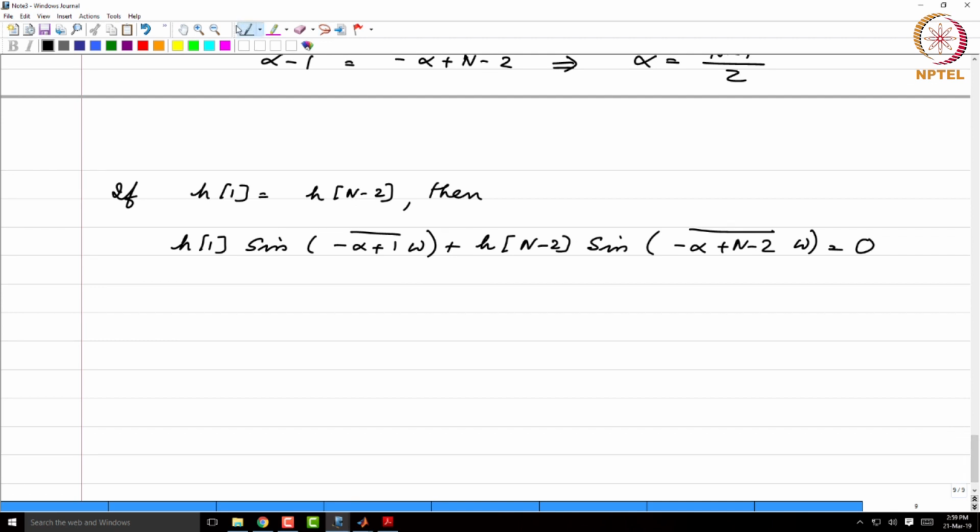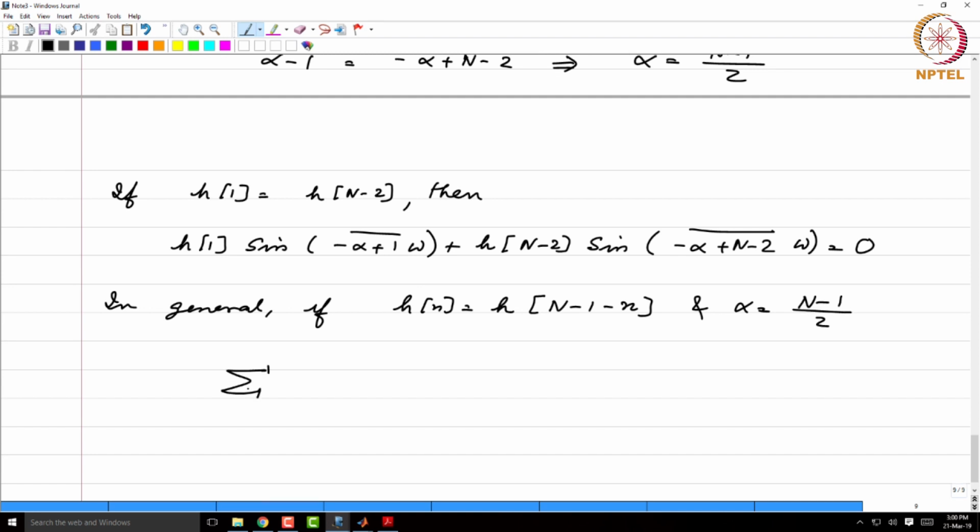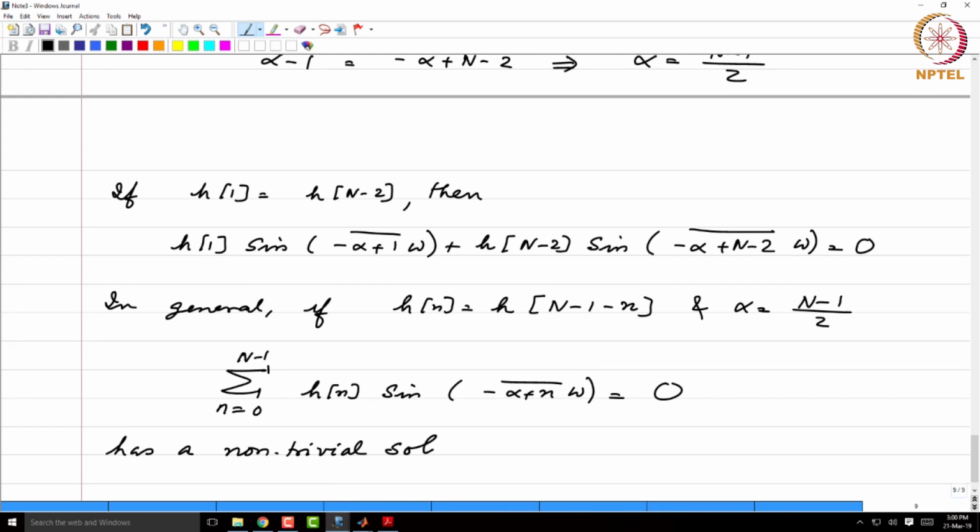Okay, now we have really made significant progress. Therefore, in general, if h of n equals h of n minus 1 minus little n and alpha equal to n minus 1 by 2, then, with n going from 0 to n minus 1, the sum of h of n sin of minus alpha plus n omega equal to 0 has a non-trivial solution.